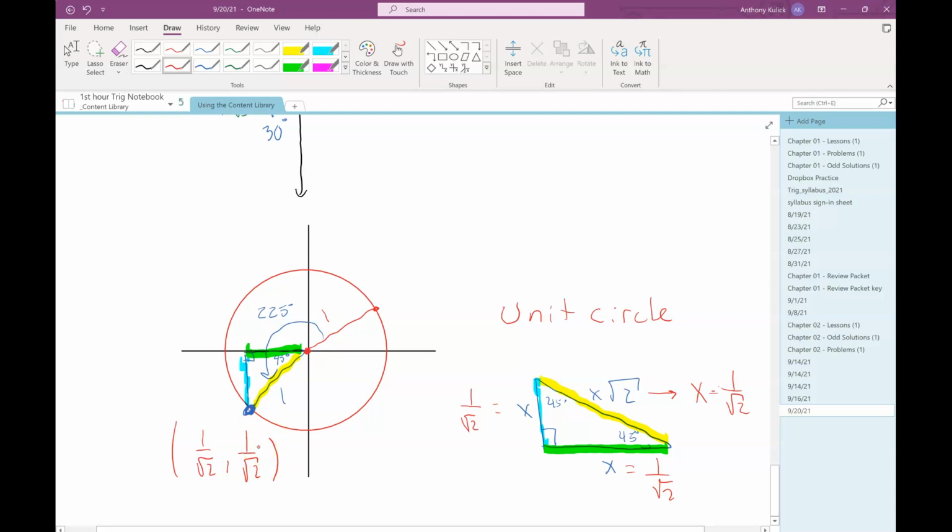Is everybody okay there? And since this point is located in the 3rd quadrant, I know that the x coordinate is negative, and the y-coordinate is also negative, because we've gone to the left and then down to get to that point, P.